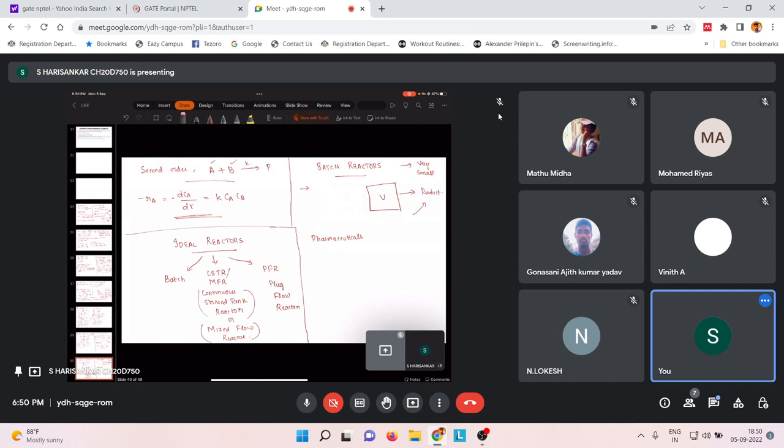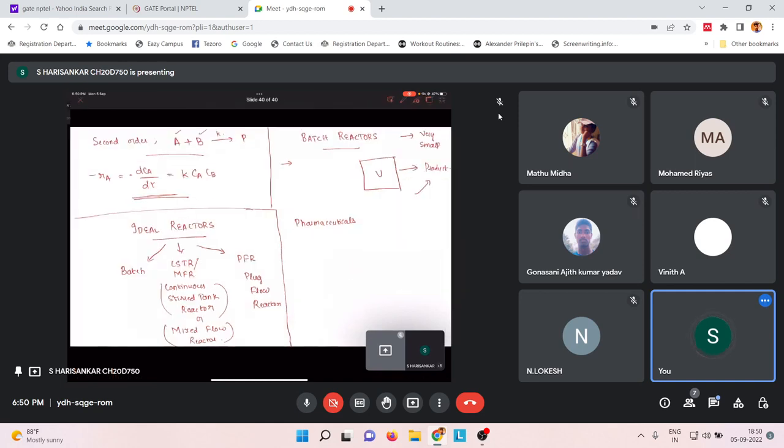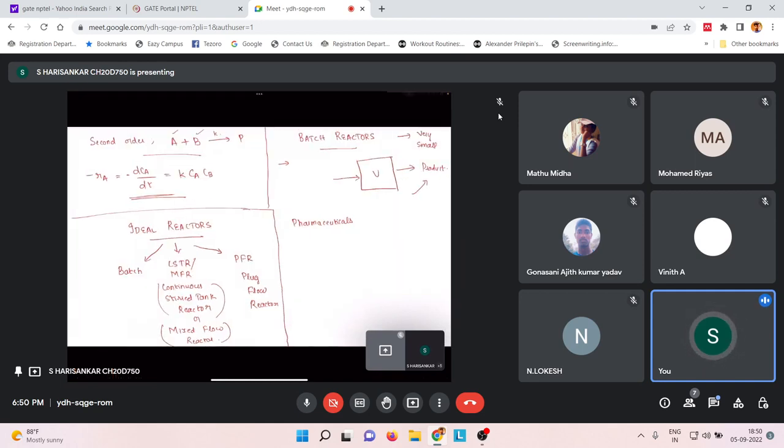Let's say we have a reaction A gives B, and V is the reaction volume. Na0 is the initial amount of moles of A that we are feeding into the reactor, and Na is the number of moles of A that comes out of the reactor.